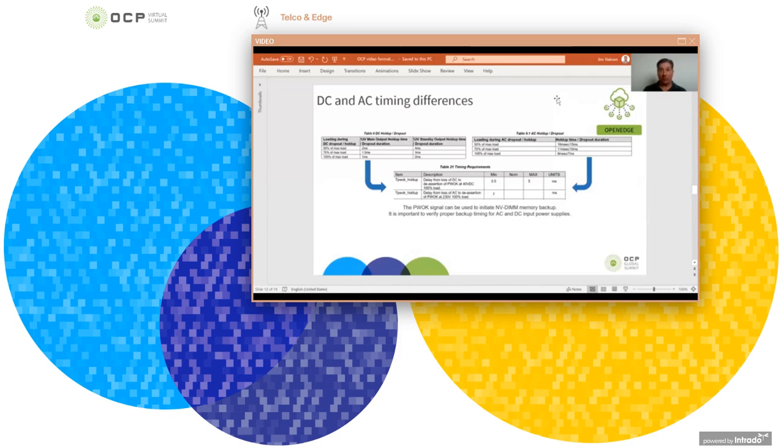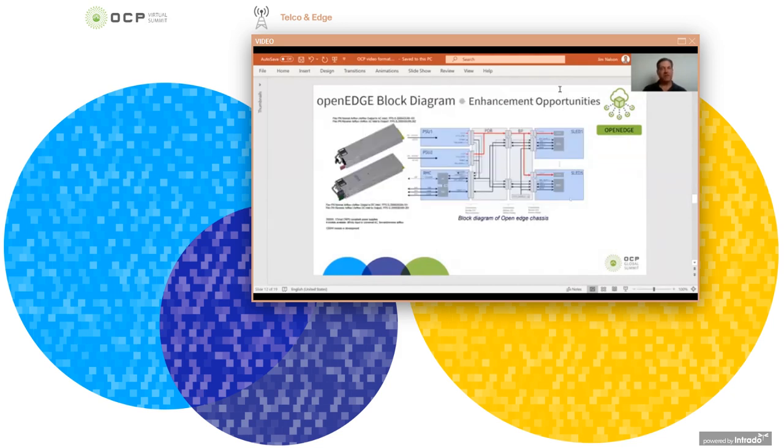For the lower minus 48 volt input version, the amount of energy storage in the same size capacitor is less. So given that the products are the same size, the DC input power supplies have a shorter period of time to make those decisions.